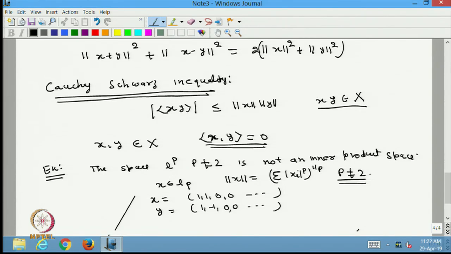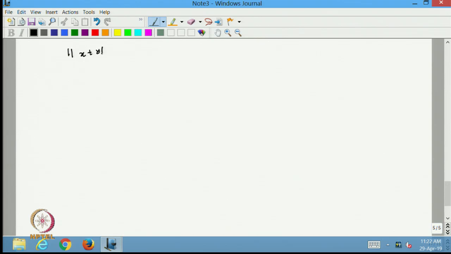Okay. So, what will be x plus y? And what will be x minus y? Clear? So, what will be this norm? This norm will be 2.